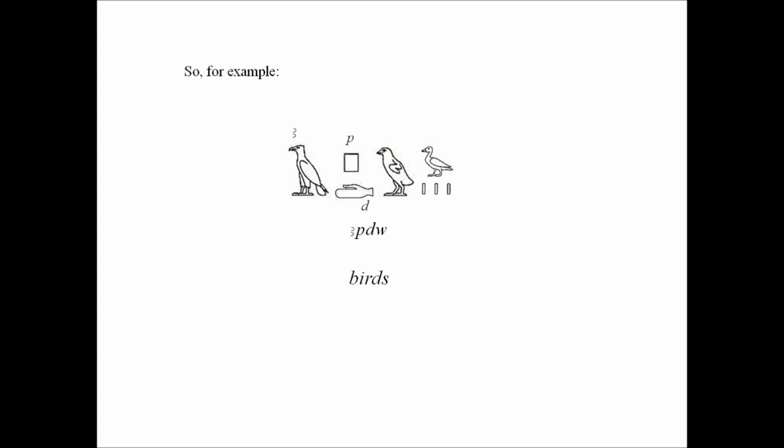The duck is a determinative as described before in the lesson. The three strokes indicate plural, which is also a determinative. By adding the conventional E in between the consonants P and D, we are able to pronounce it a lot easier and have the English word equivalent of "apedu".